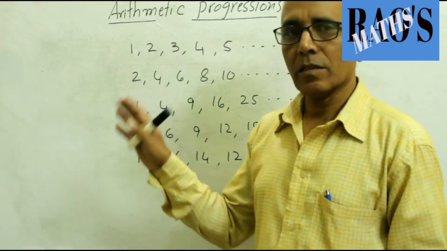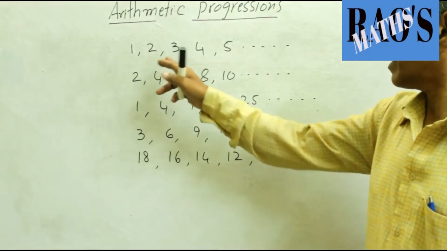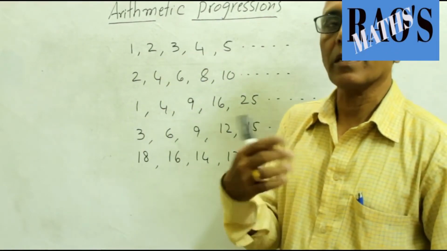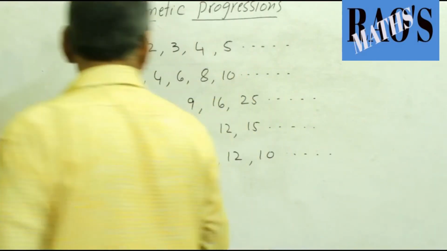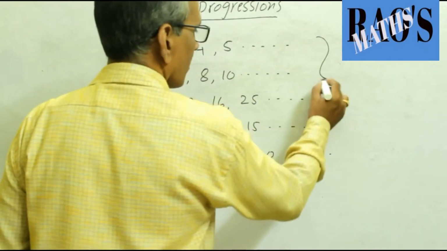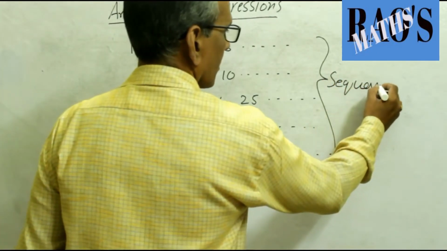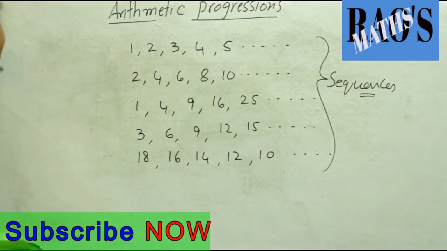Anyhow, the increase or decrease must follow a systematic way. So whenever a pattern follows a particular sequence of increasing or decreasing, those patterns are called sequences. We call all of them sequences, because they follow a particular trend.